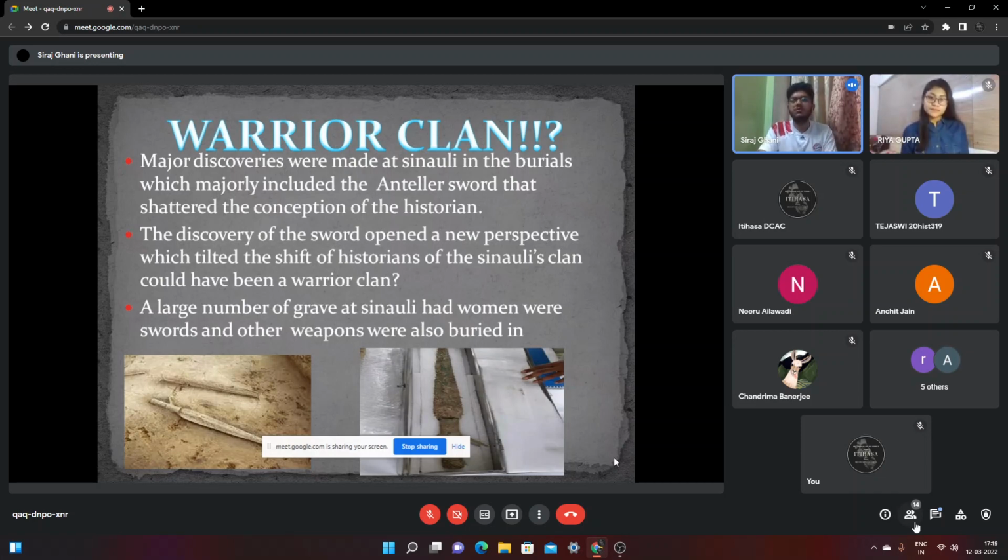They were in confusion about how they could have held the sword in their hands, or whether it was just a thing to be worshipped, or something placed in burials out of respect for a person and not used in the world.